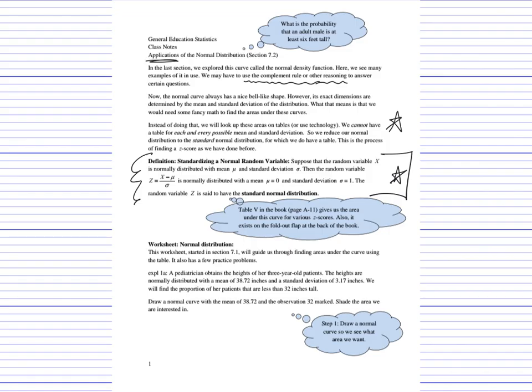Whatever mean and standard deviation we are given, if it's normally distributed, we have this statement here, which basically tells us if we find these z-scores by taking our x value, subtracting off the mean, and dividing by the standard deviation, then that is also normally distributed. And so we have that table in the back of the book. It is also replicated on the last 2 pages of this set of notes.